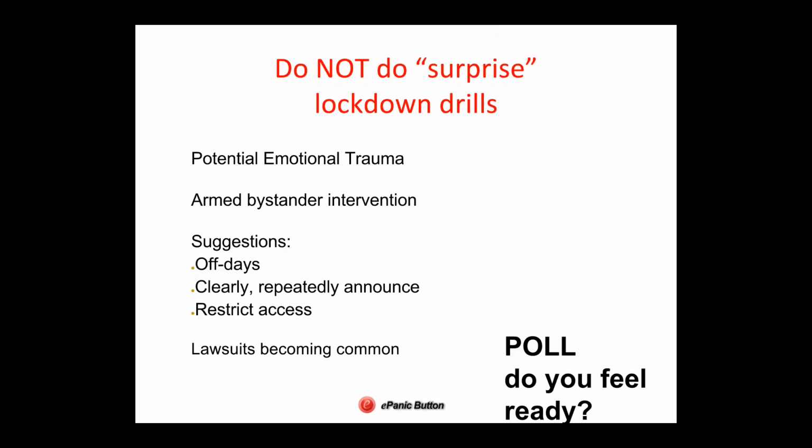If you think that's a bad idea, it is. And second of all, what might surprise you is how common that is. I could show you some news articles going on now, but there are campuses being sued by students and faculty for undue emotional stress for doing these surprise drills. So that's my word of advice.